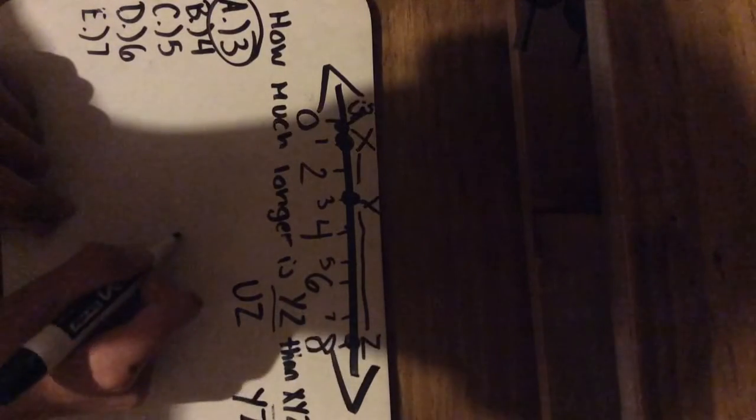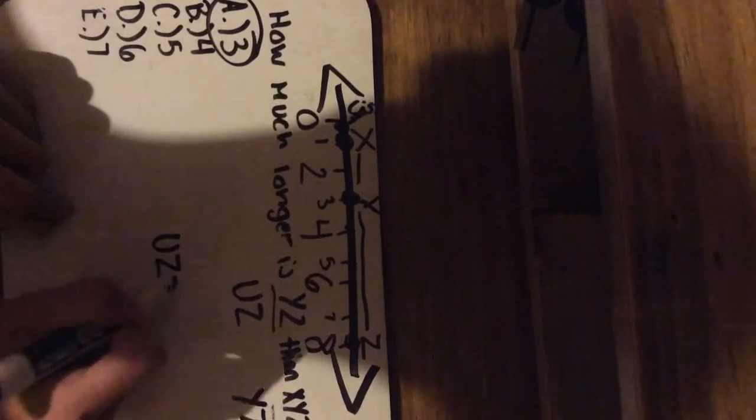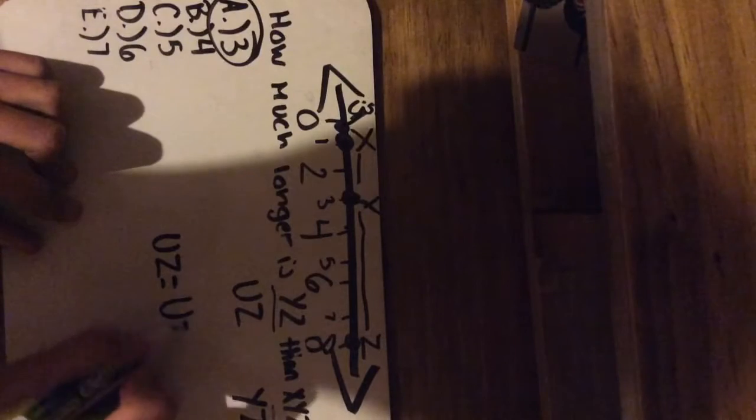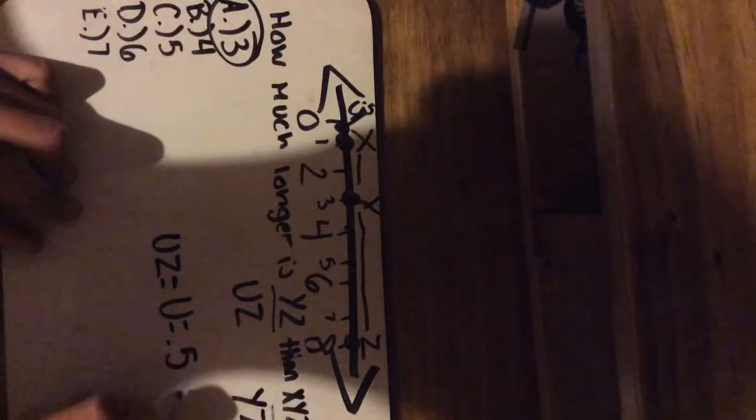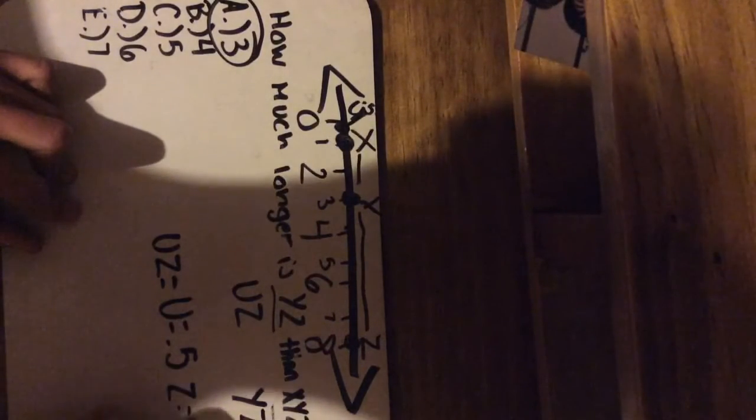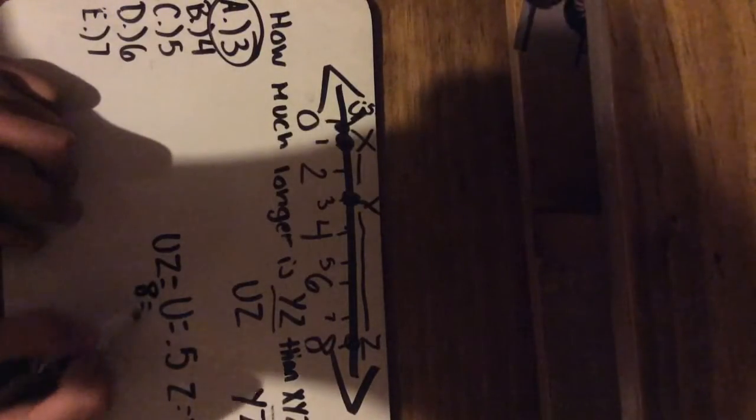Okay, so UZ, don't be scared, because U equals 0.5. So once again, U equals 0.5 and Z equals 8. So we can just subtract 8 minus 0.5.